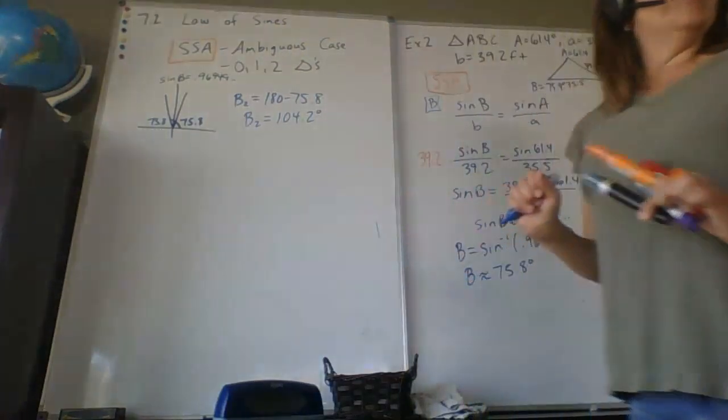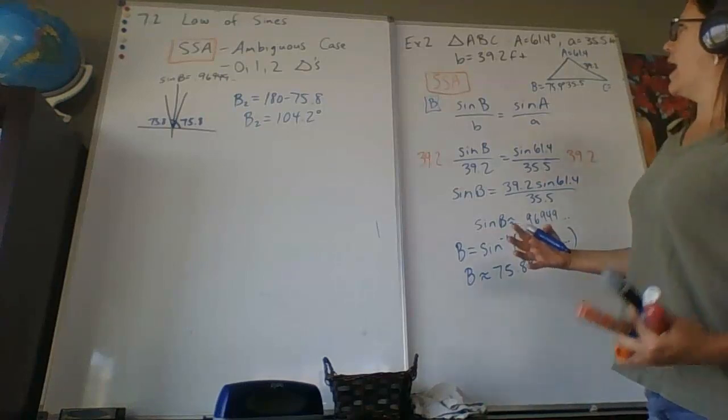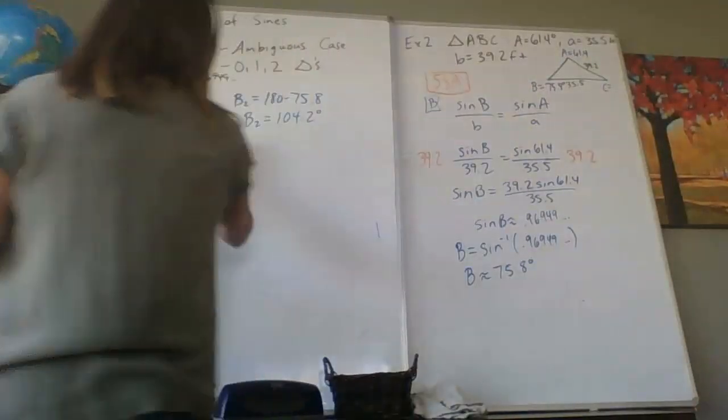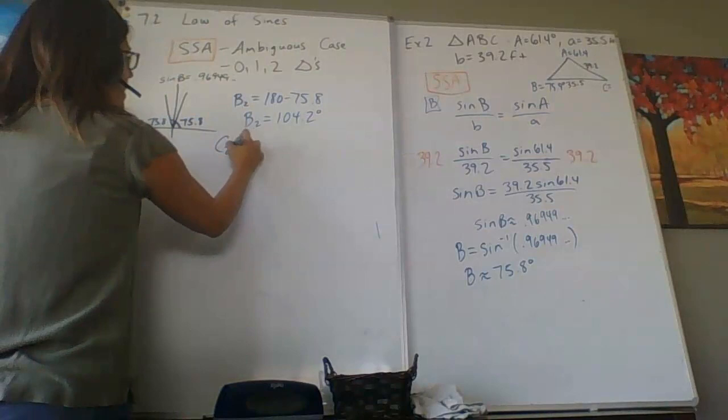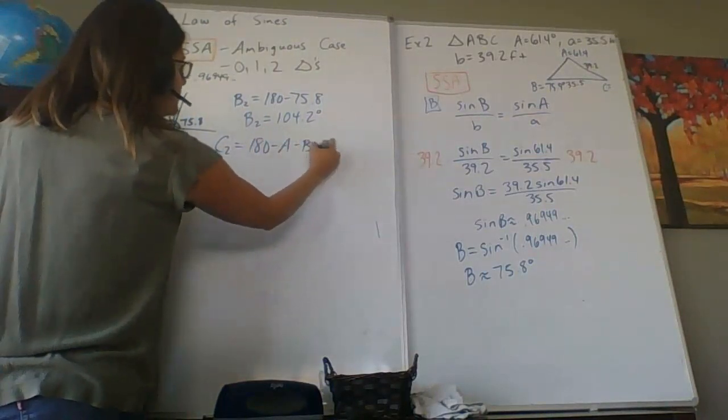Now we do not know if this second triangle works yet. We actually have to find out the third angle and see if in fact this triangle exists. So the way we do that is we calculate that third angle, which is just going to be 180 minus A minus B2.